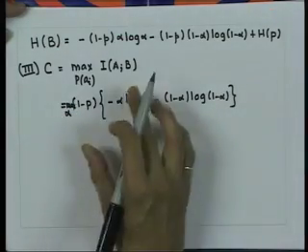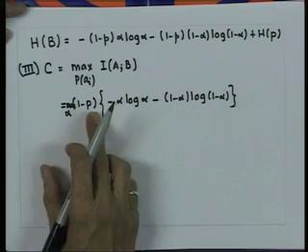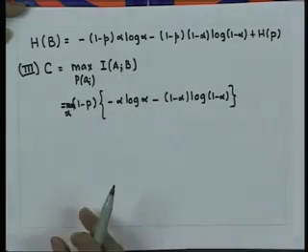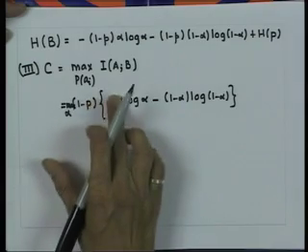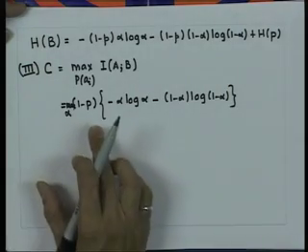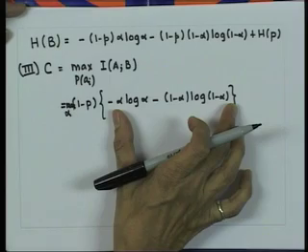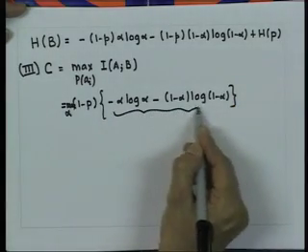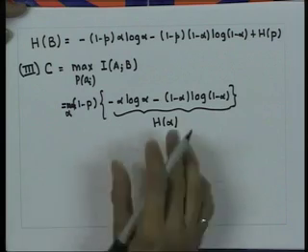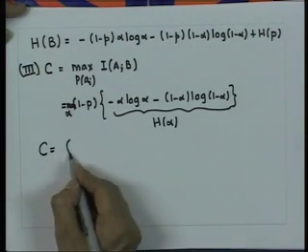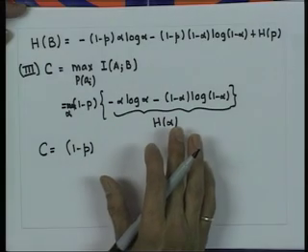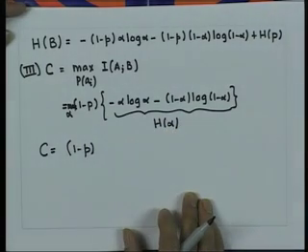Although we can determine the optimal value of alpha by taking the derivative of I(A;B) with respect to alpha and equating to 0, we can find it directly from the expression for mutual information I(A;B) by realizing that the part between the curly brackets is really H(alpha), and therefore, its maximum value is 1, and hence C is equal to 1 minus P. This value is achieved when alpha is equal to half, that is, the input probability distribution is uniform.